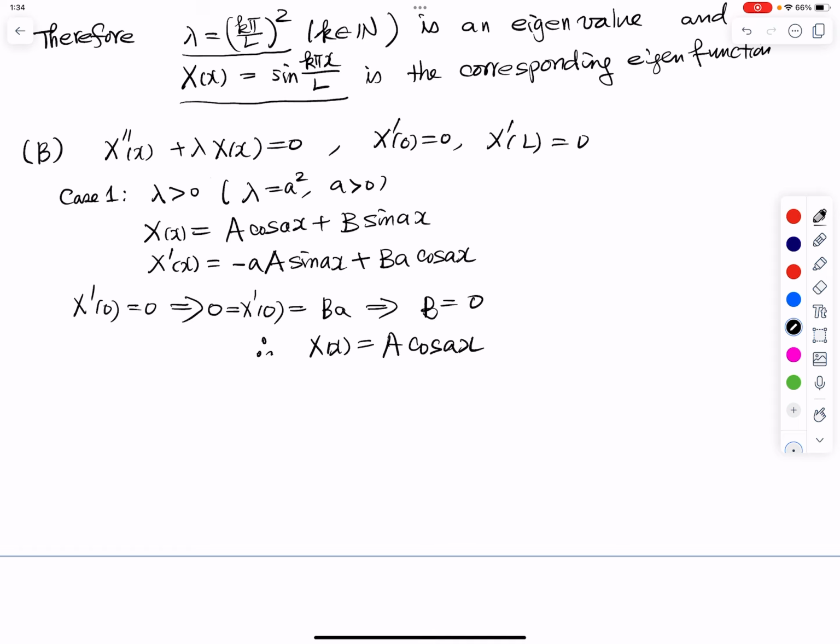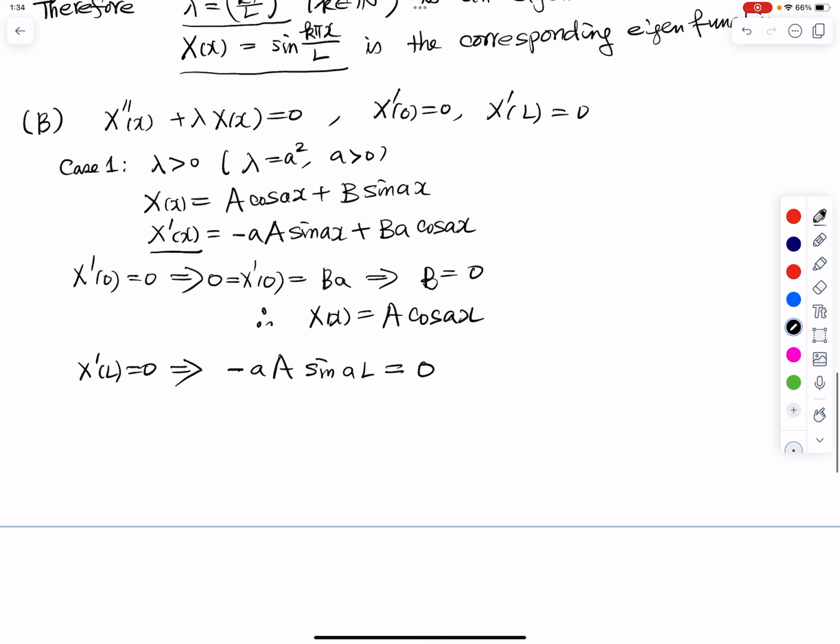Okay. And then I'm using x prime L equals 0, and you plug in L here. So from this equation, we have minus a L sine, the b term is gone, sine aL equals 0. If a equals 0, the whole thing equals 0, which we don't want.